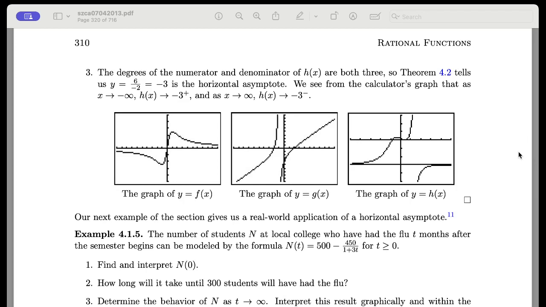So let's just quickly do a little long division and see why long division is the key to slant asymptotes. I don't understand why the book doesn't do this the way I'm about to do it, but whatever. So let me transition over to the doc cam.